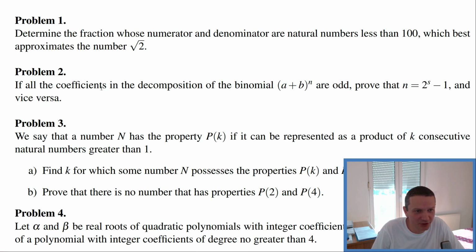If all the coefficients in the decomposition of the binomial (a plus b) to the power n are odd, prove that n is actually 1 less than a power of 2, that is 2 to the power of s minus 1 for some whole number s, and vice versa, if n is such a number, then all coefficients in the binomial are odd.